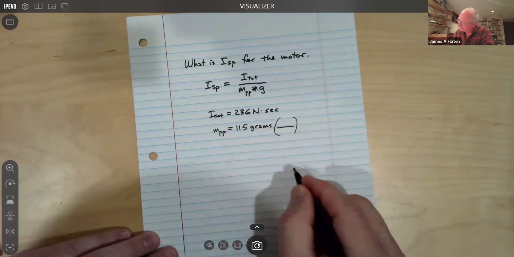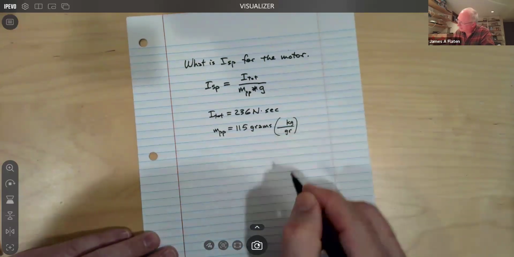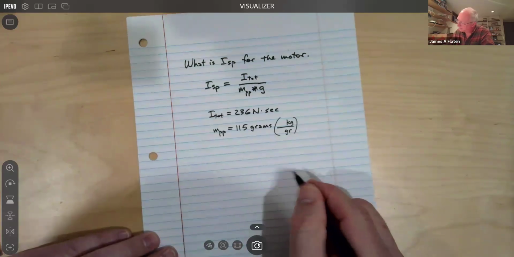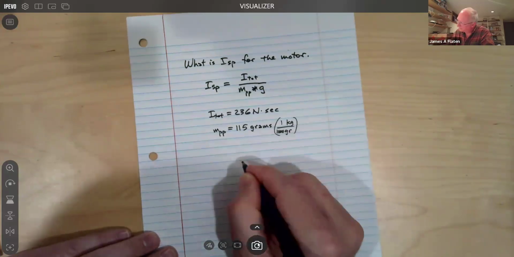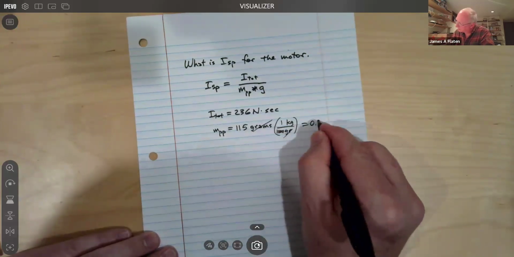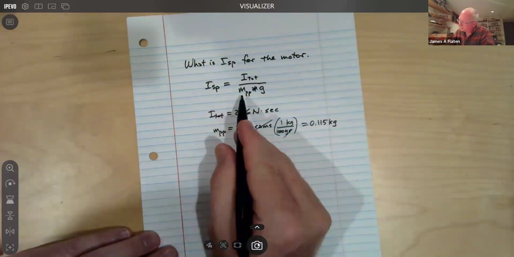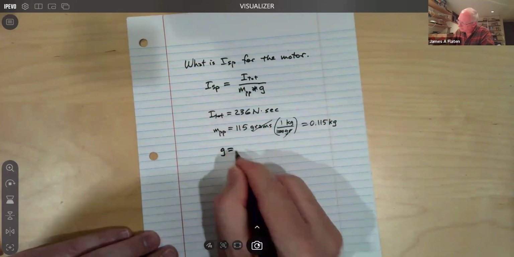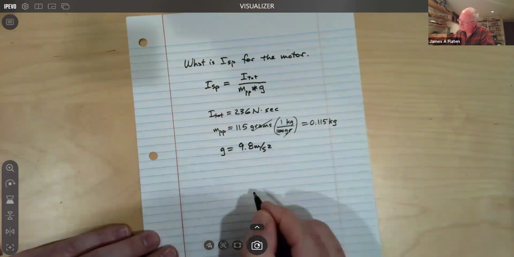If I would rather have that in kilograms, I just need to know the relationship between grams and kilograms. There are 1,000 grams in 1 kilogram. So cancel the grams, and I get 0.115 kilograms. That's the mass of the propellant, and G in the metric system is 9.8 meters per second squared.